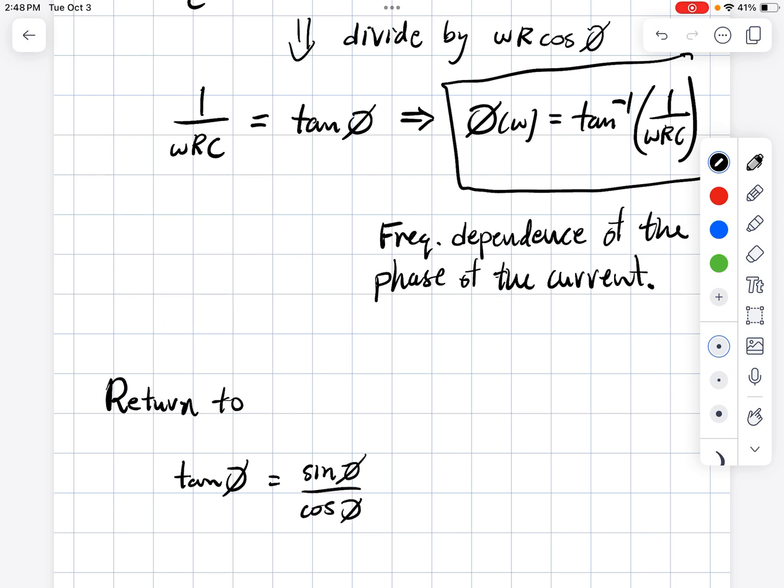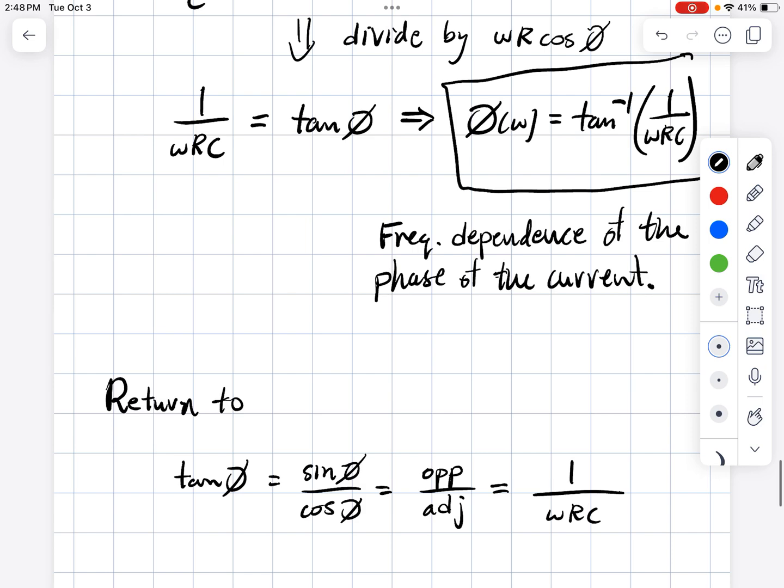We also know that if we had a right angle triangle, tangent is the opposite over the adjacent, right? It's TOA in SOHCAHTOA. And for our RC circuit, tan phi we worked out had to be equal to 1 over omega RC.